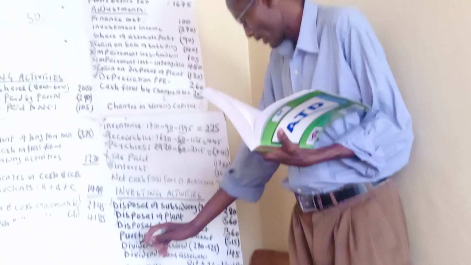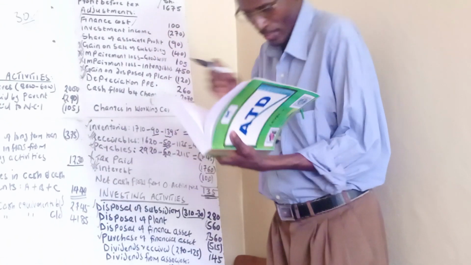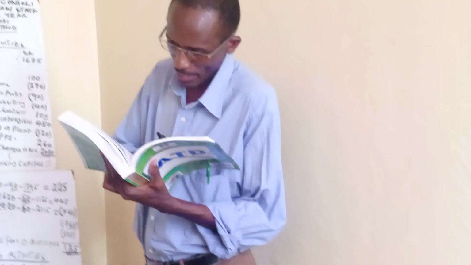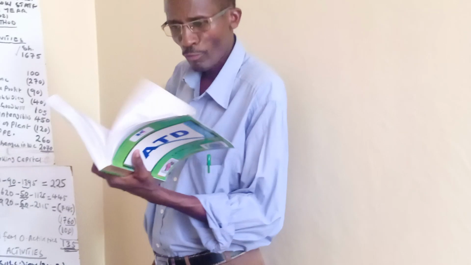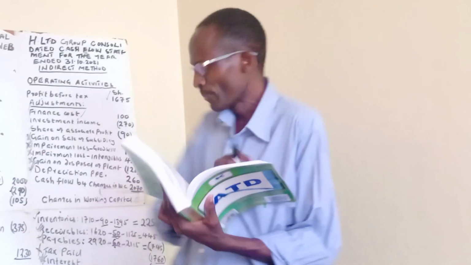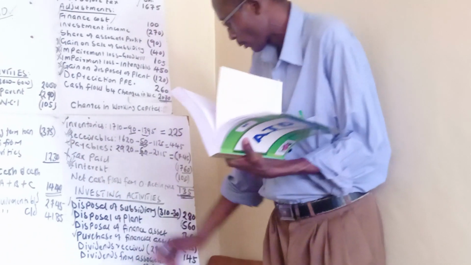This is what we received. Purchase of financial assets, that has been provided in additional information number 5, less purchases of financial assets, 515, this has been provided. We are deducting it, it's money out.